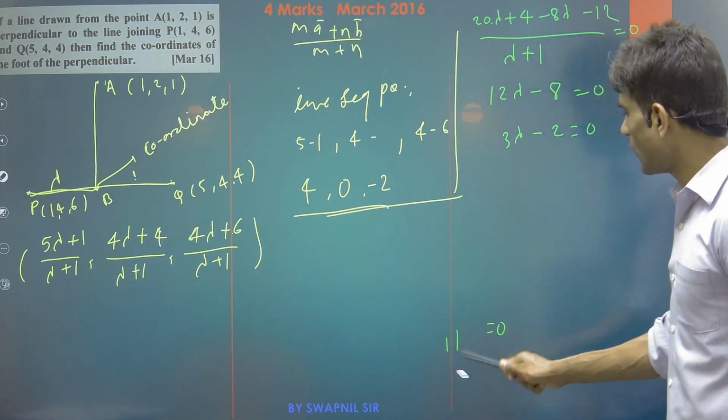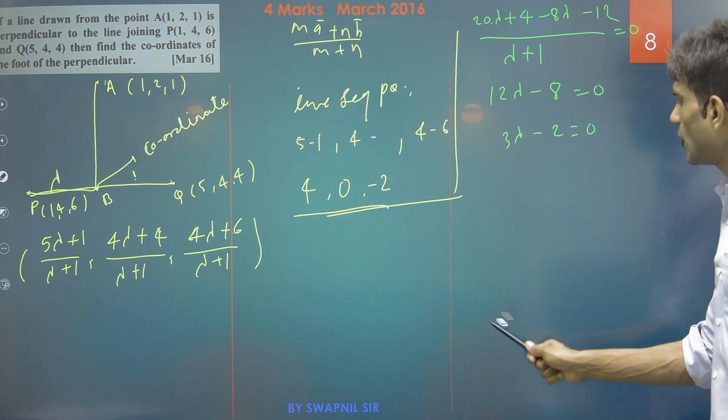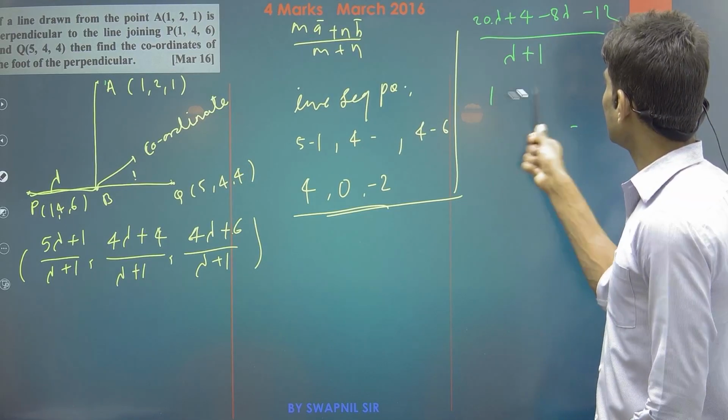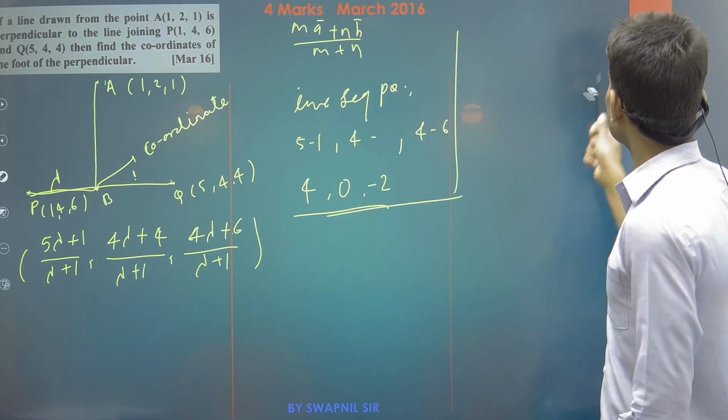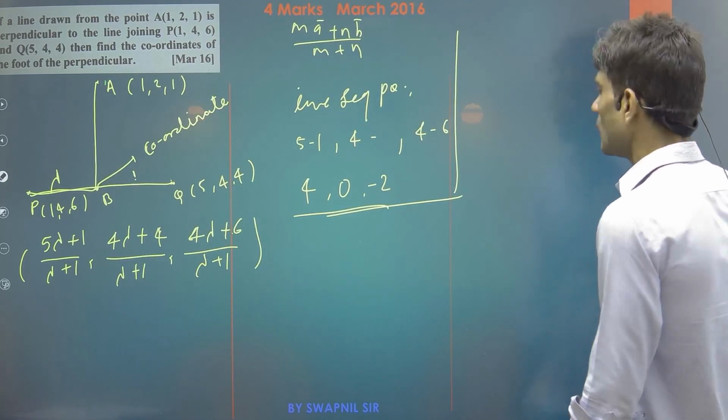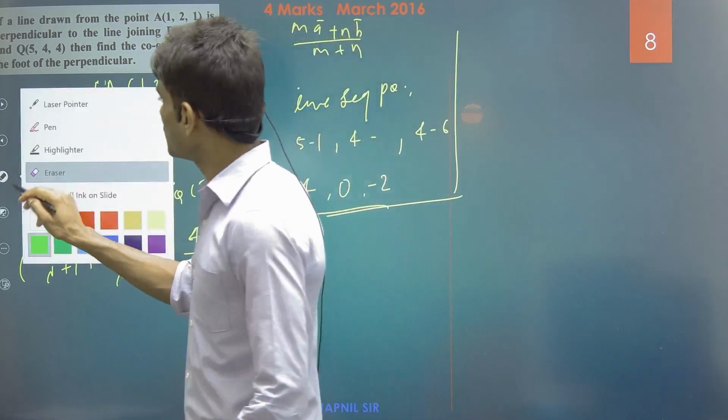So for this, we first of all find the direction ratios for our given line segment. We do not want the vector here. We want the direction ratios for our line segment.